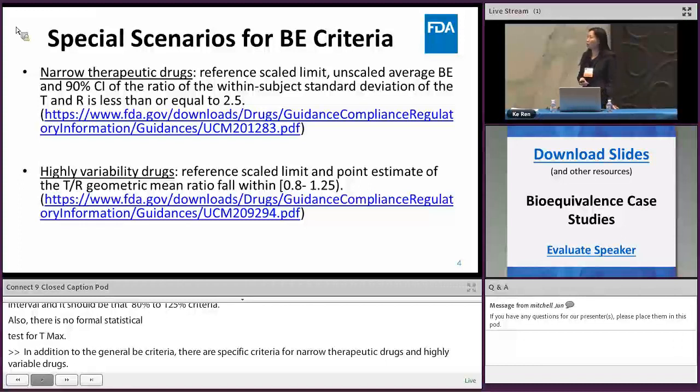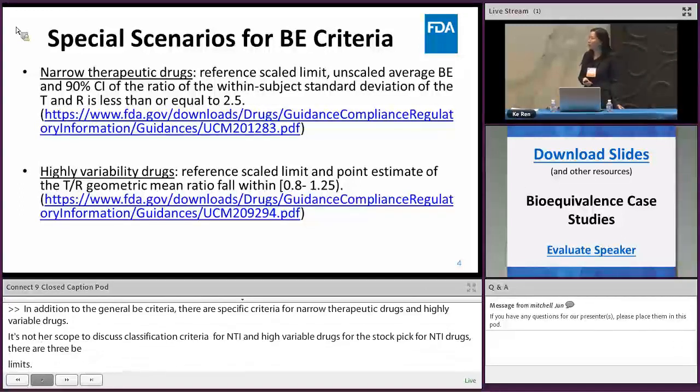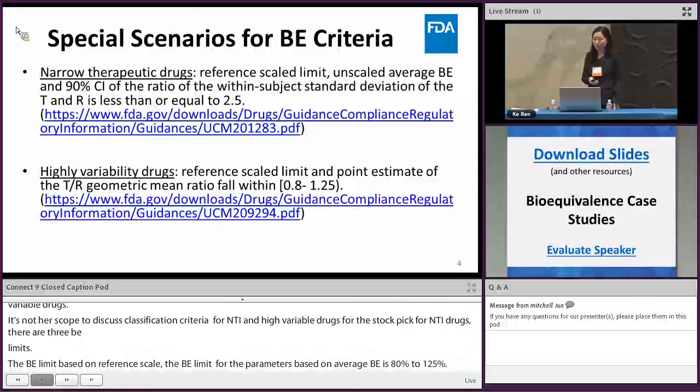For NTI drugs, there are 3 BE limits. 1, the BE limit for the PK parameter based on the reference-scaled BE limit. 2, the BE limit of the PK parameter based on average BE with 80 to 125%. The third one, the upper limit of the 90% confidence interval of the ratio of the within-subject standard deviation of the test and the reference is less than or equal to 2.5.